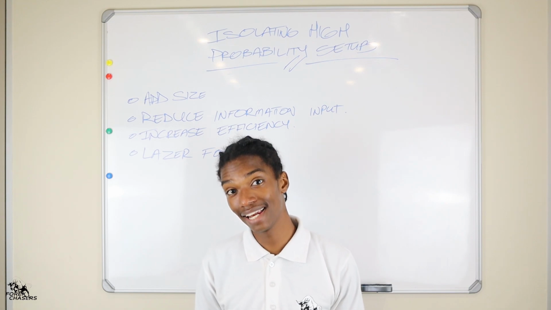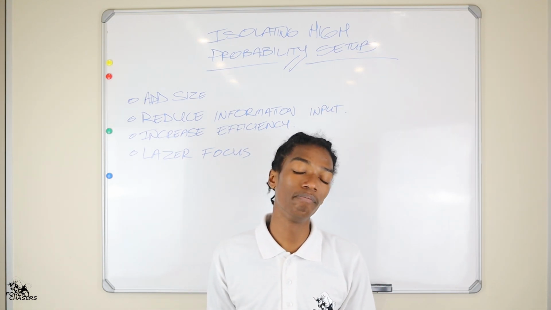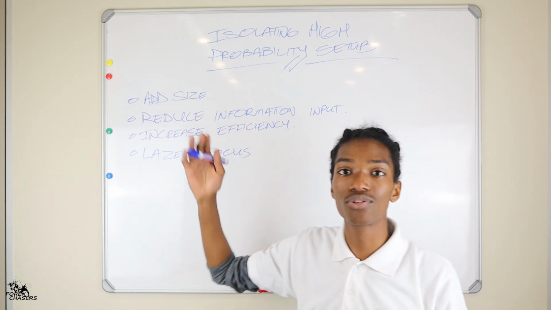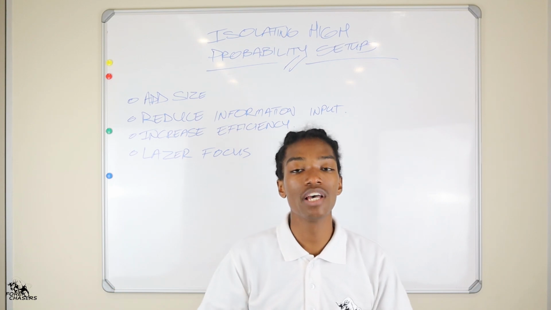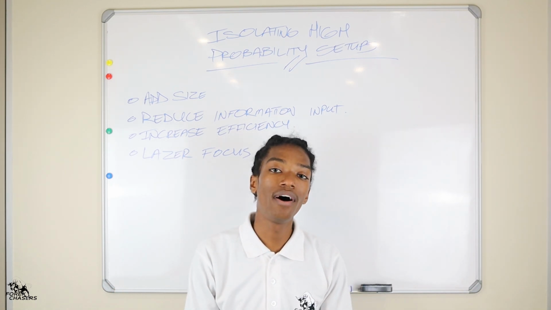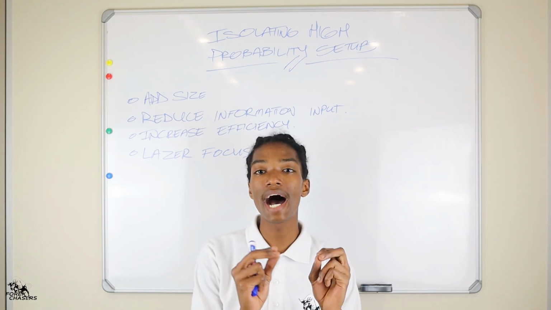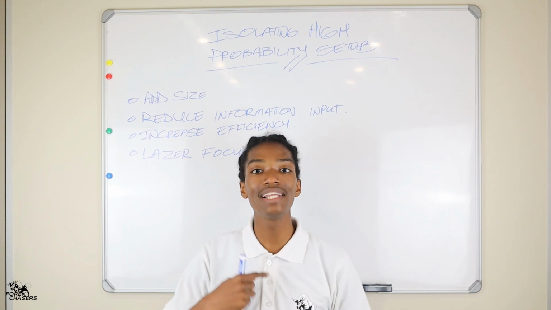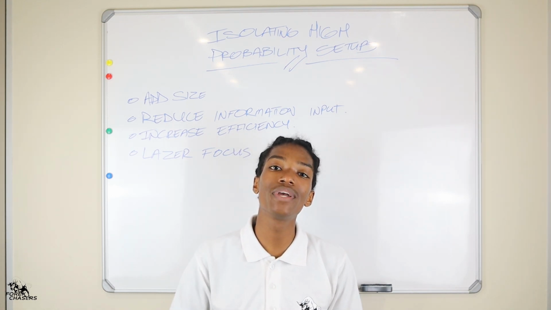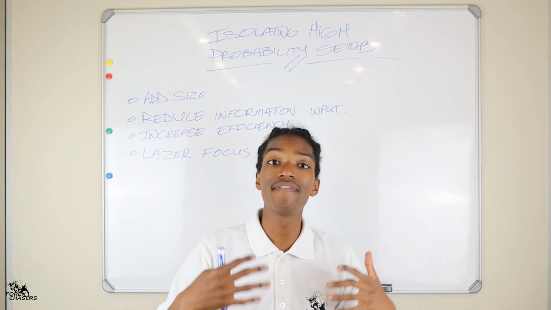Because we have a higher win rate, we expect to win more often than not, and so we are able to add size onto those setups. For example, if we normally took 1% risk on our normal trades, now that we've isolated our high probability setups and continually take them, we can begin to add size after we understand the statistical reliability of our system.